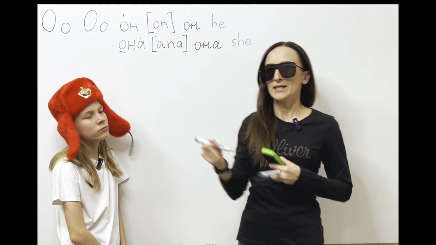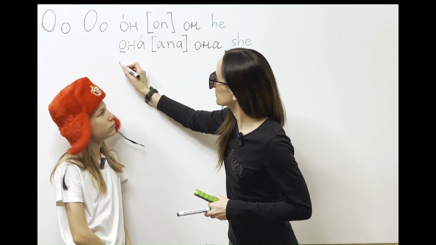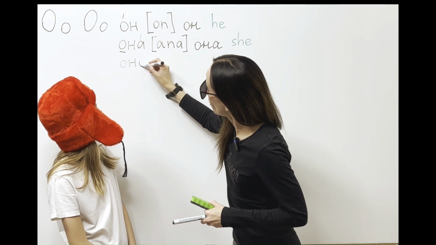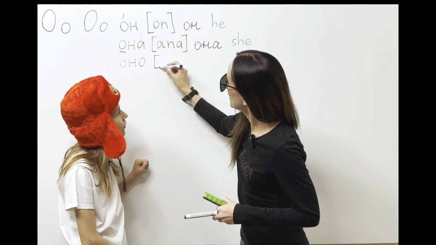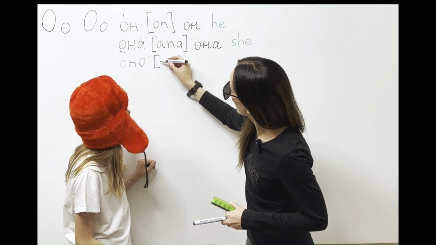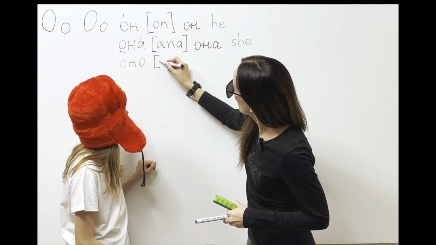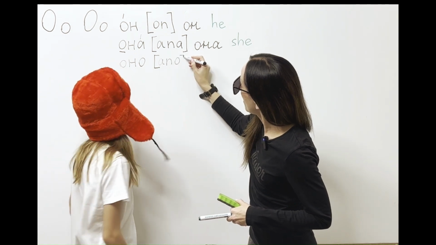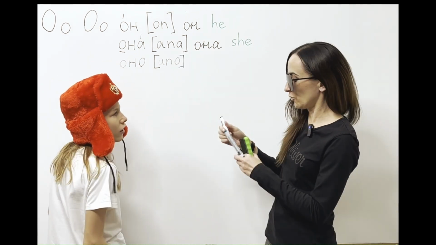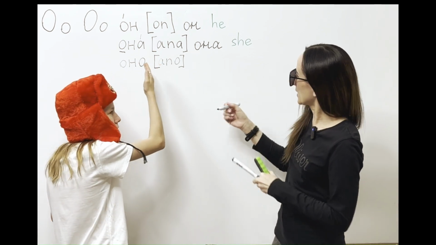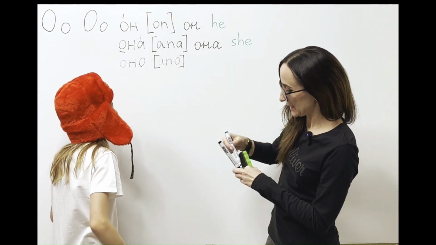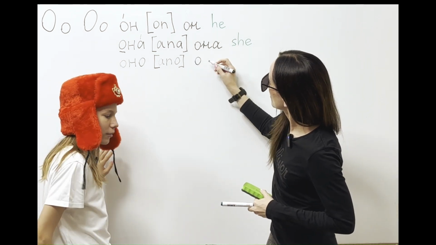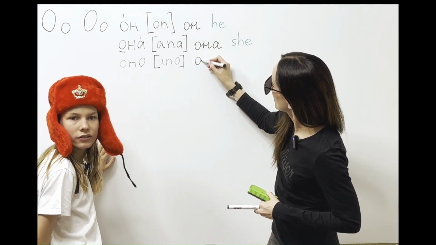Another pronoun is "ano". We don't say "ono". We say "ano". Our marker is dying. You see? It's just lazy. A little lazy, because it's late.